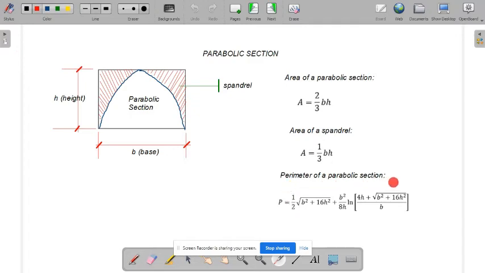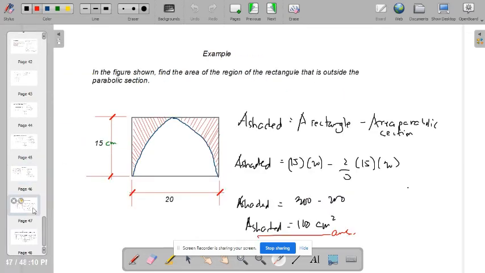And the perimeter of a parabolic section, something that is challenging for you to memorize, you have 1/2 times the square root of b squared plus 16h squared, plus b squared over 8h times ln, or natural logarithm, of (4h plus square root of b squared plus 16h squared) all over b. So this is your basic formula for the parabolic section.